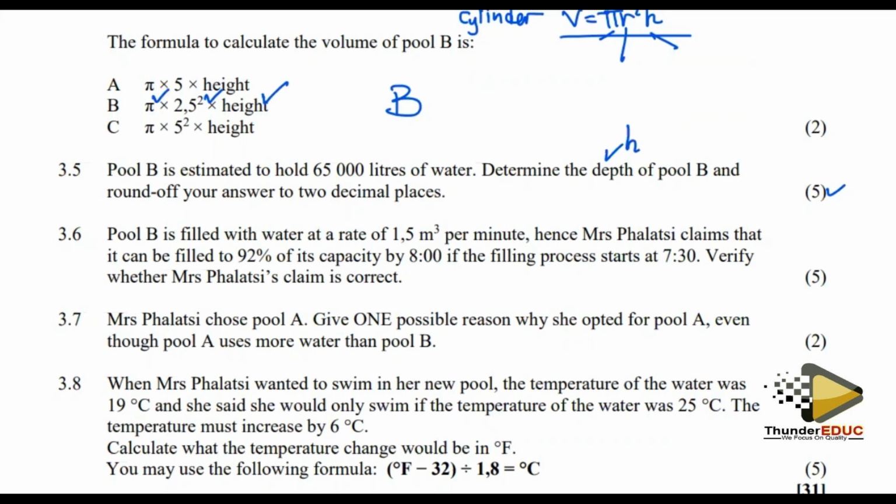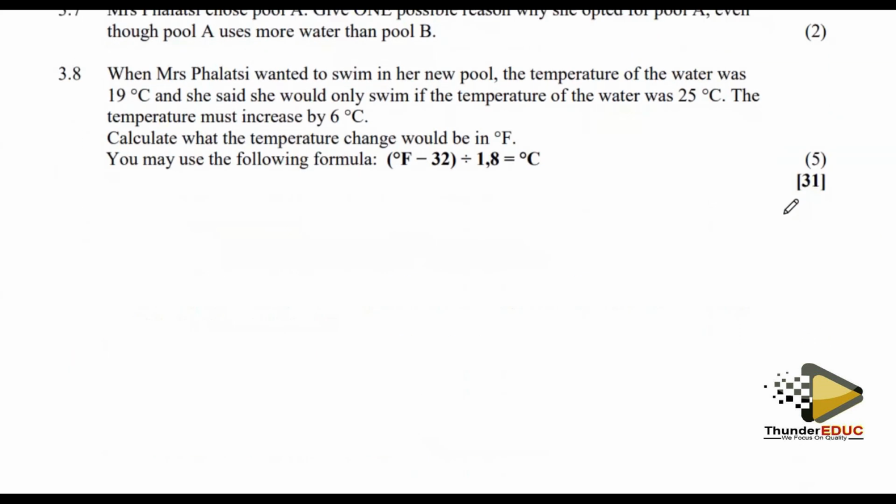So the swimming pool, it was supposed to be pi r squared times what? D, which is what? Depth. So this is a depth. Anyway, in 3.5, they want us to determine the depth. So D is representing the height.